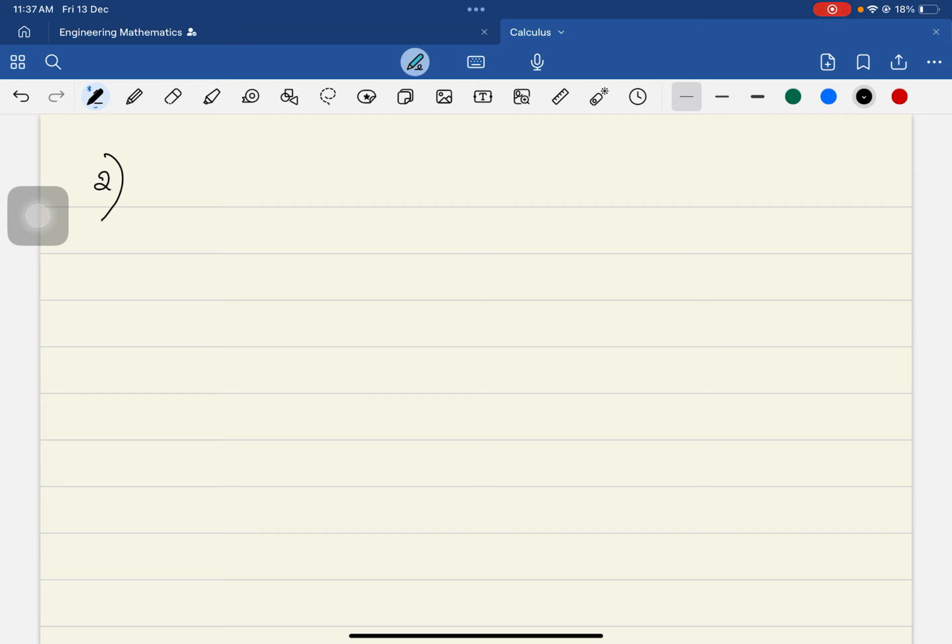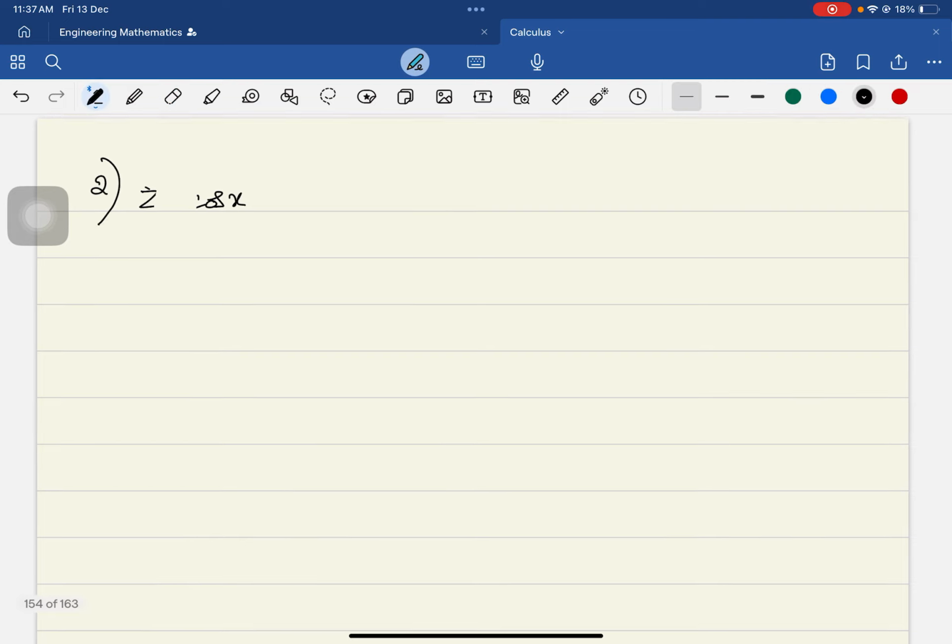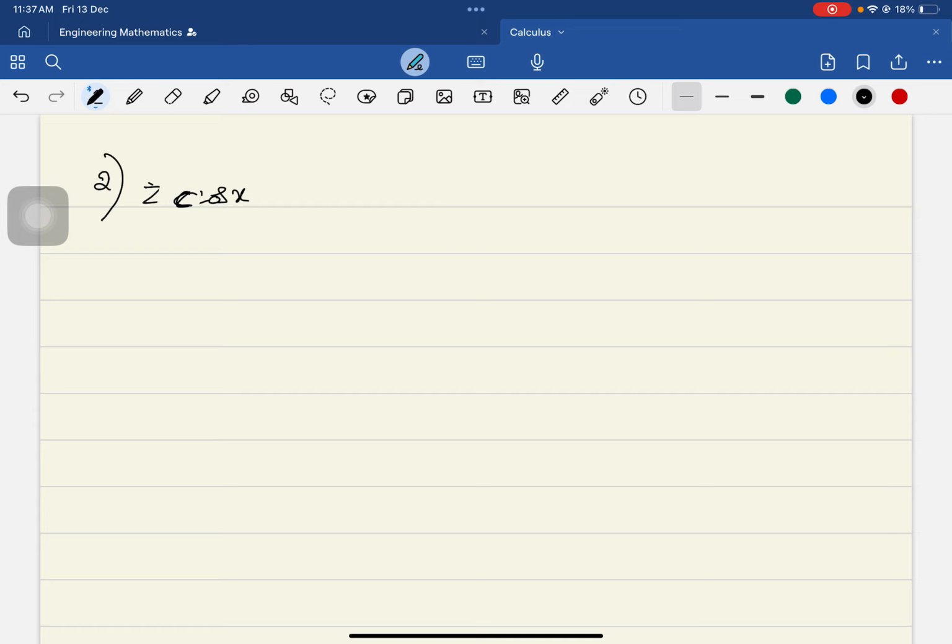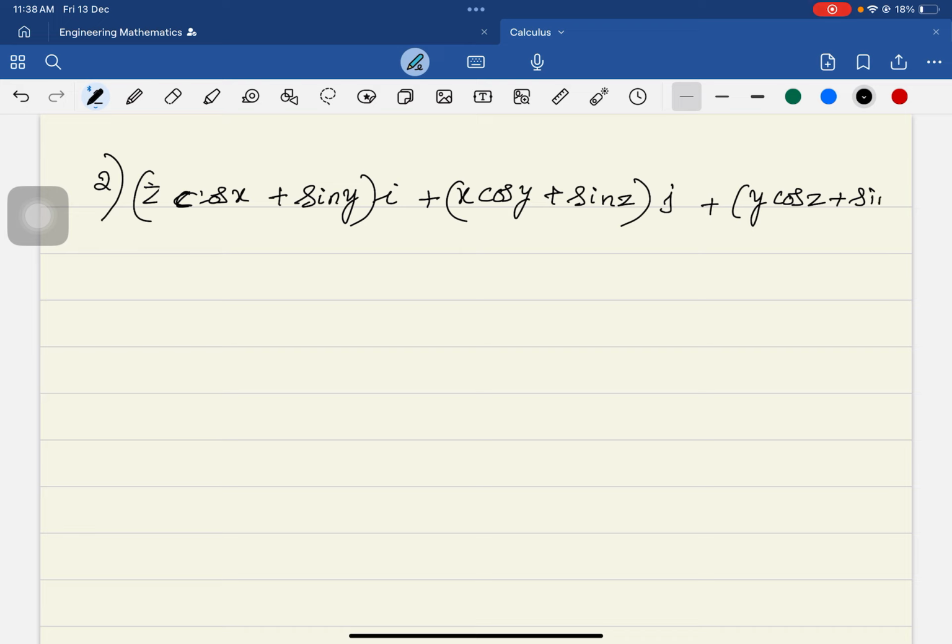Let us say this is the vector field f given by (z cosine x plus sine y) i, plus (x cosine y plus sine z) j, plus (y cosine z plus sine x) k.